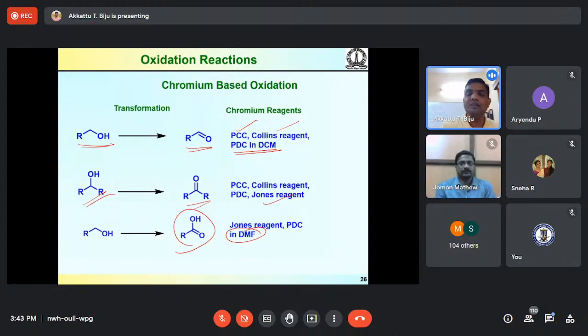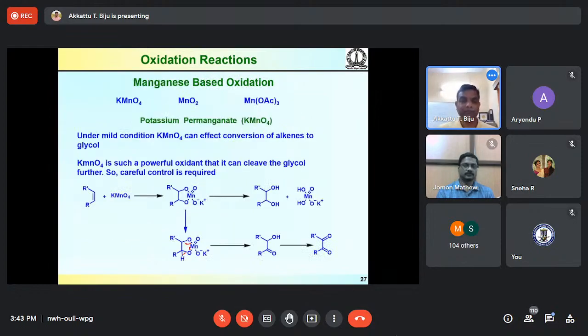So normally people use PDC or PCC in dichloromethane as the solvent. In dichloromethane, this is an anhydrous condition, so there is no moisture involved, so the reaction will be very selective.